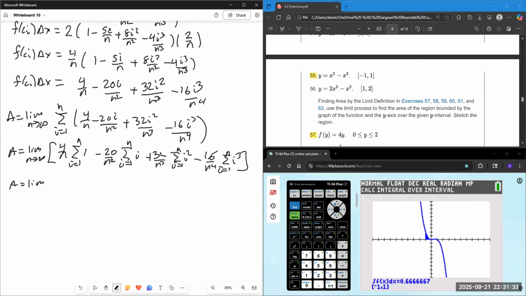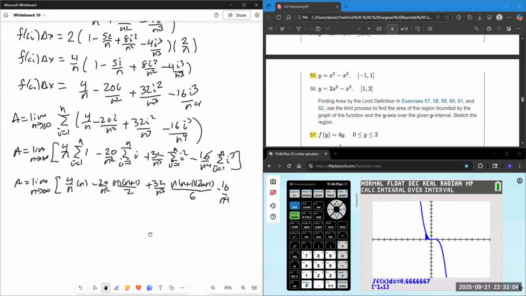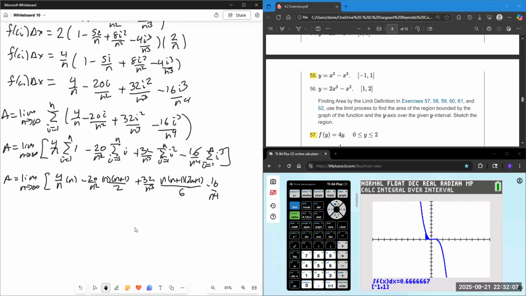A equals limit as n goes to infinity of 4 over n times n minus 20 over n squared times n plus 1 over 2 plus 32 over n cubed times n plus 1 times 2n plus 1 over 6 minus 16 over n to the fourth times n squared times n plus 1 squared over 4.